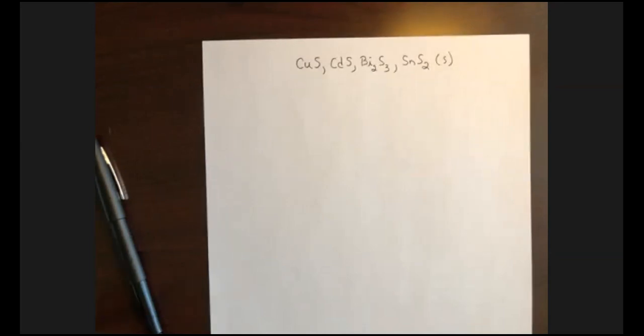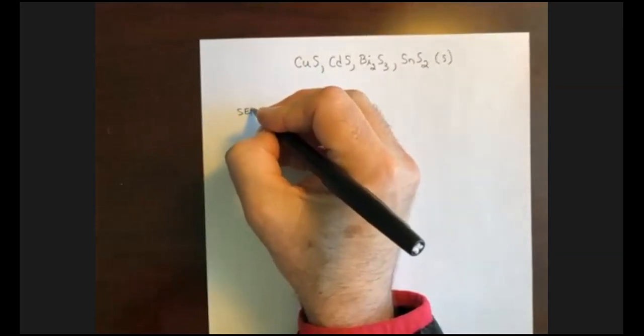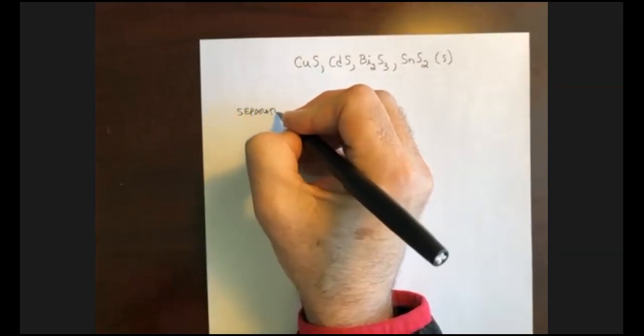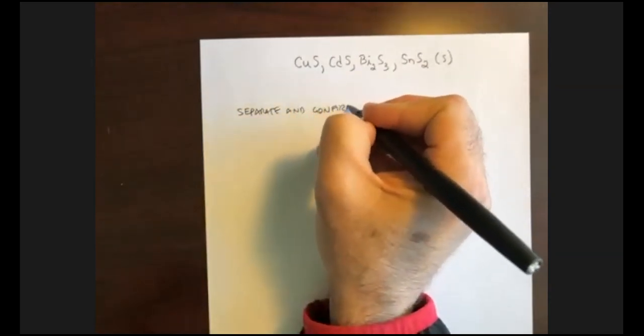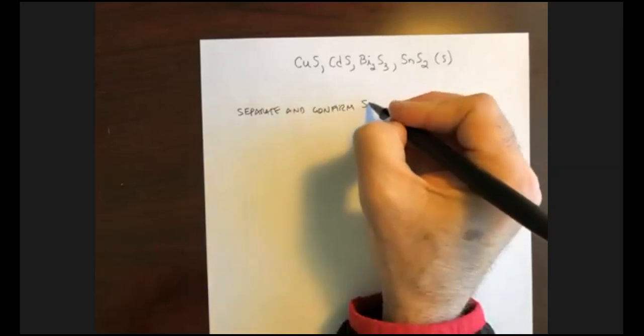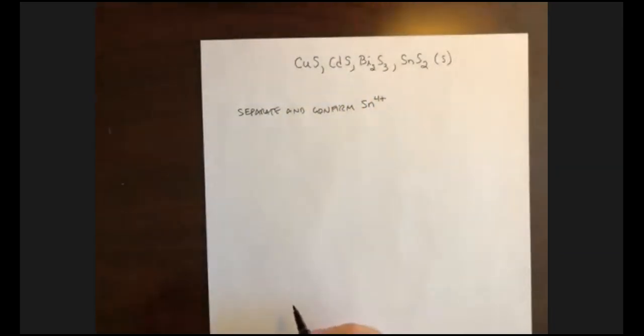Now, our first step here is to add KOH. So what does that do for us? This is to separate and confirm the presence of tin. Remember that we always have a strategy where we first separate one ion at a time, and then we confirm its presence.